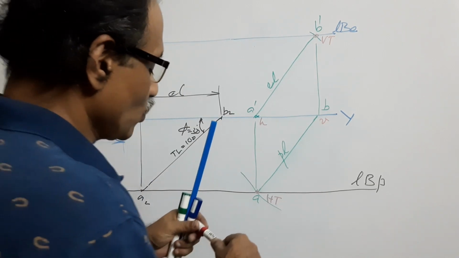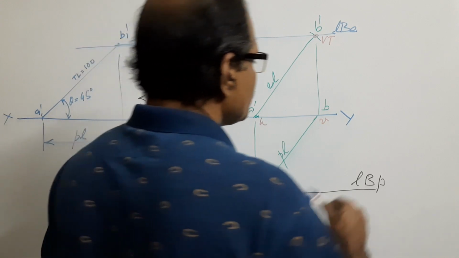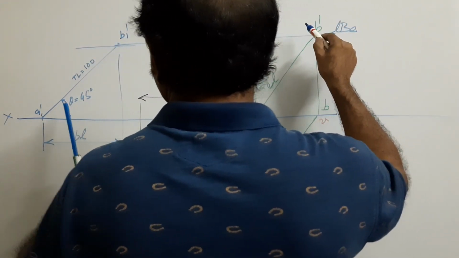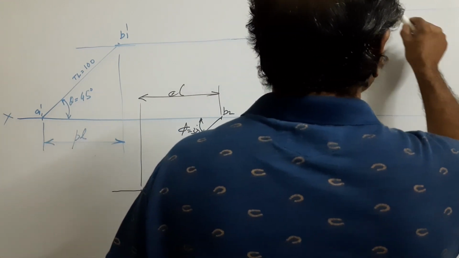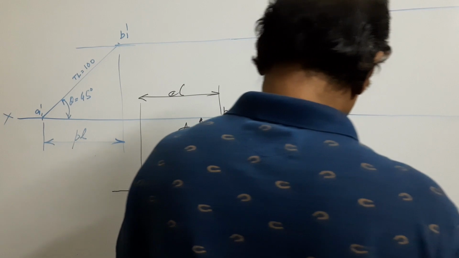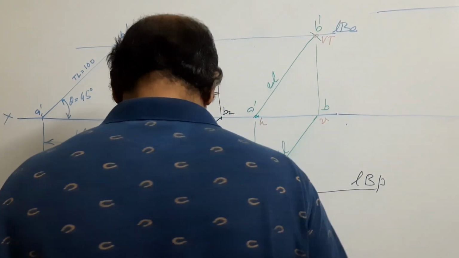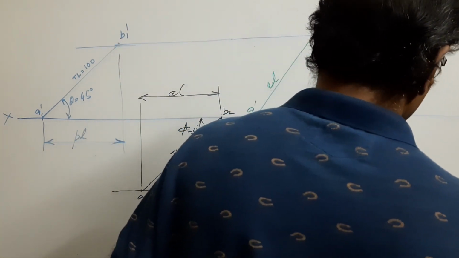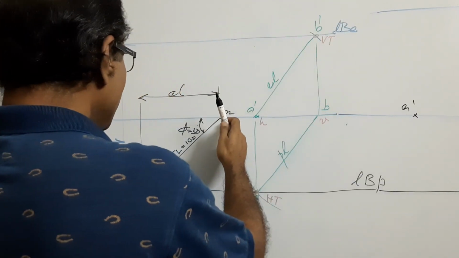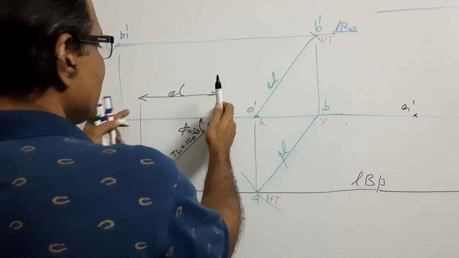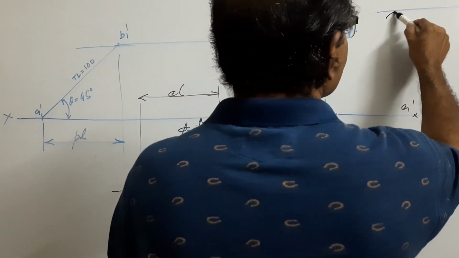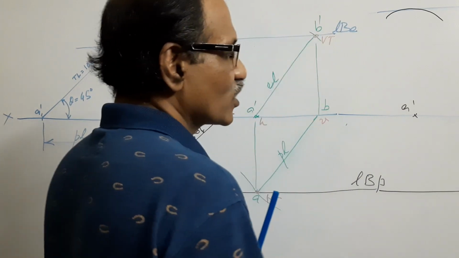Agreed? Now, when you draw this, the locus will further come here. No change for this locus. You choose A dash anywhere on XY. When you take this elevation length and cut an arc, it will not be cutting here, it will be just tangential to the locus.